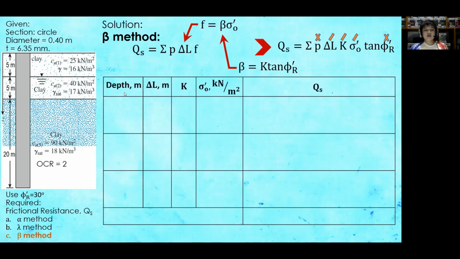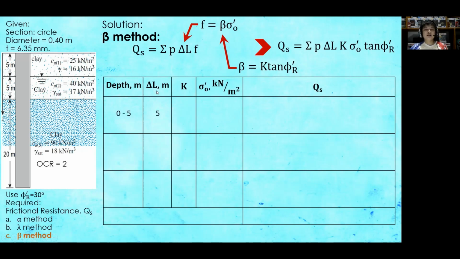So in table form, the different processes are to determine first the segment depth, next the segment length as per depth, next the coefficient K accordingly, and the average sigma O prime. And finally, the value of the frictional resistance Q sub S. So to start, let us consider layers near ground surface, particularly at the depth of 0 to 5 meters.